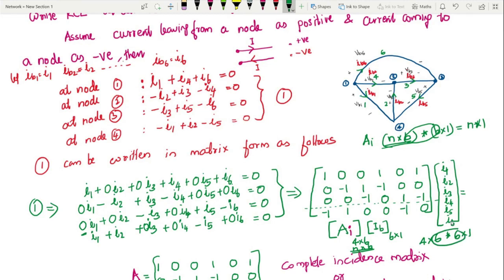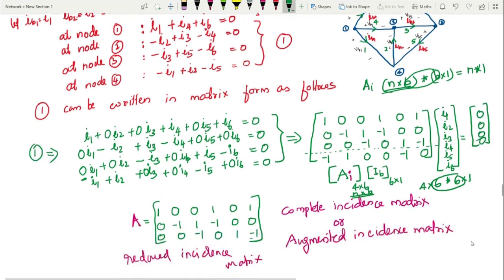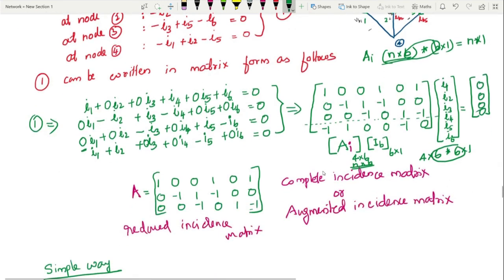Since the output is 0 for all 4 equations, it is a 4 by 1 matrix with all entries zero. This matrix is known as the complete incidence matrix, also known as the augmented incidence matrix.